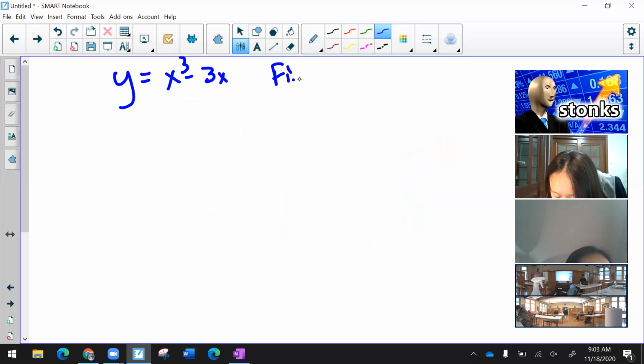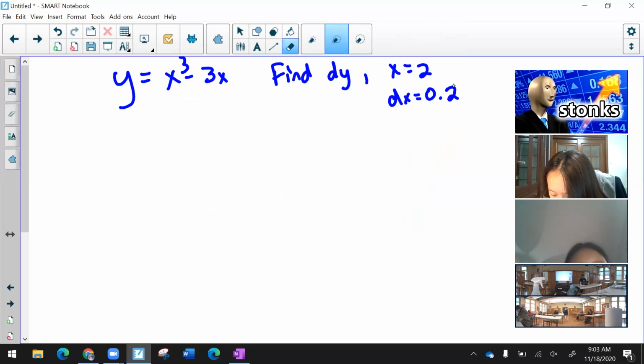And we want to find dy at x equals 2, and my little incremental change dx, I'm sorry, is not 0.2, it is 0.05. Okay, and everybody has that in their notes?